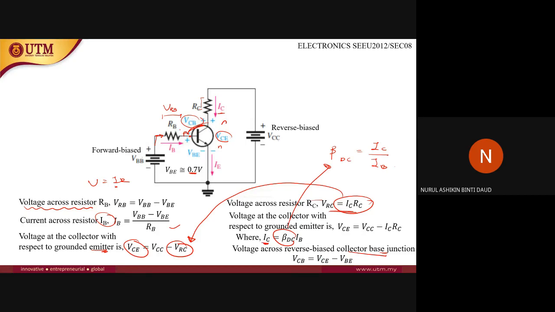Then you will get VCB. Okay, so these are all the formulas for circuit analysis. If they ask you how to find IB, then you know how to find IB. How to find VCE, this is the formula, and how to find IC also. These are the formulas that you need to be familiar with. Okay, you need to know.